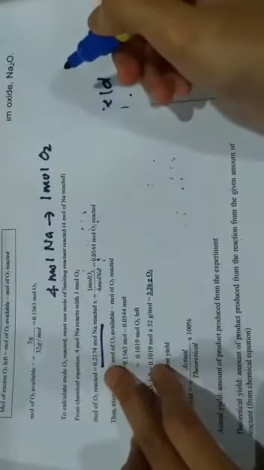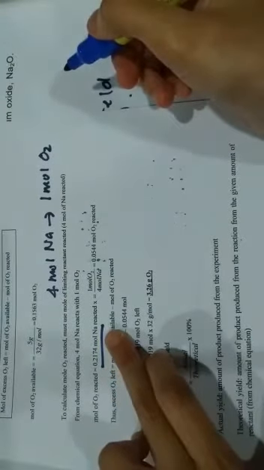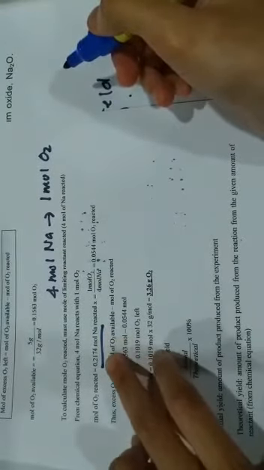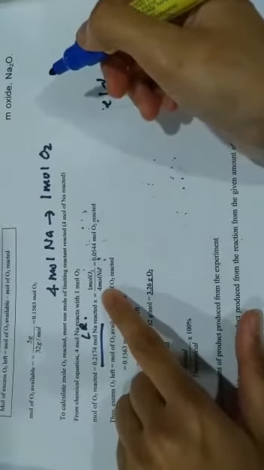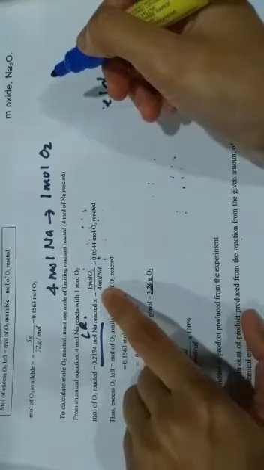Alright, so we have 0.2174 mole Na reacted, because we base it on the limiting reactant. Okay, how many mole of O2 reacted? Based on the relationship of 4 mole of Na reacting with 1 mole of O2.